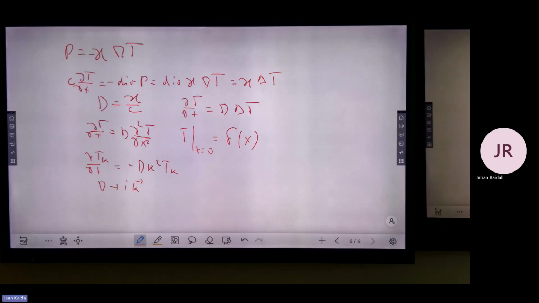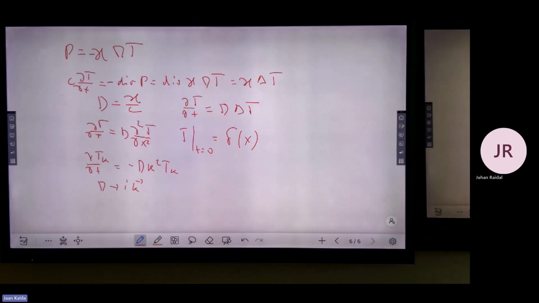But it works only for linear equations. If you have nonlinearity, forget about it, because in that case the Fourier transform of a product is a convolution, and convolution is a non-local transform. This makes a non-local equation in Fourier space. But as long as you have linearity, it's nice.